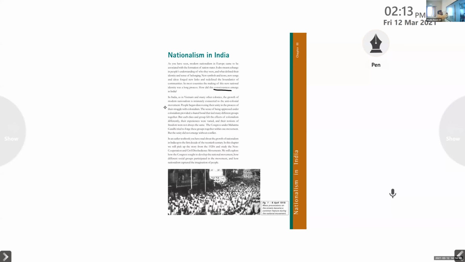What do you mean by anti? Against. Anti-colonial movement: in India, the national movement started against the British rule, the colonial rule.